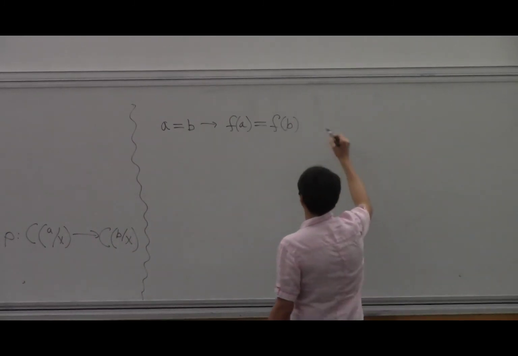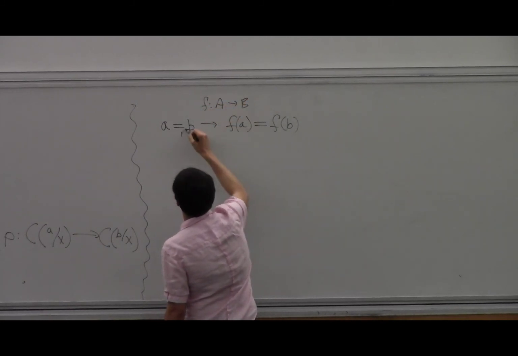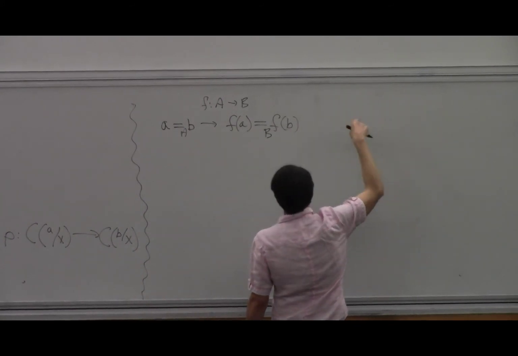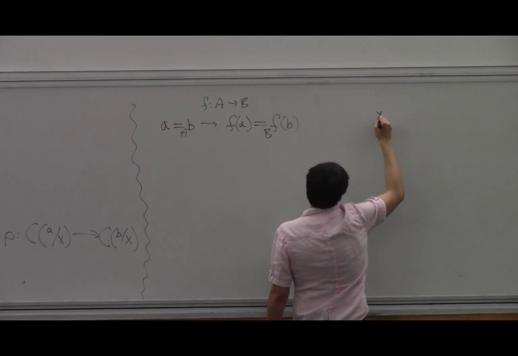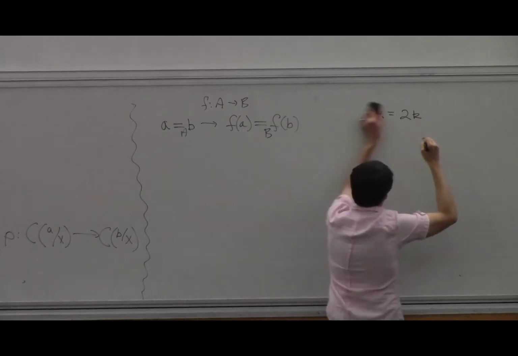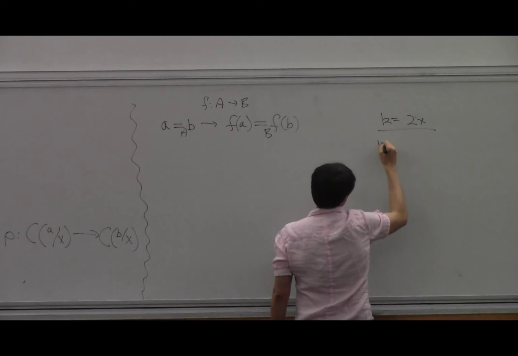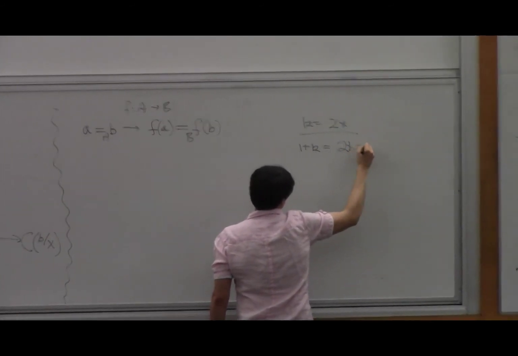This is assuming that f is a function from A to B, and you have an equality in A, you get an equality in B. Somewhere in the logic we did before, we needed to get from k equals 2x that 1 plus k is equal to 2x plus 1.